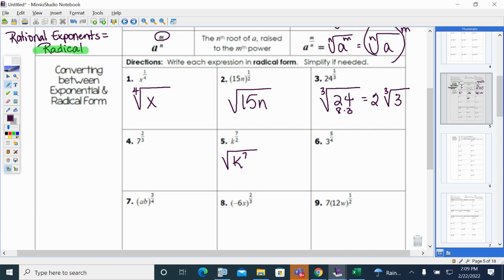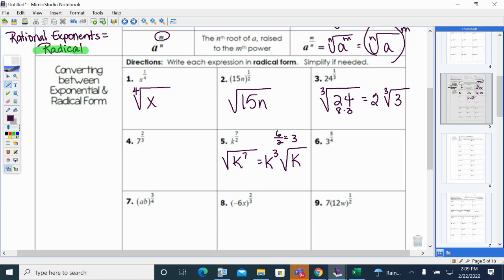Well, 6 out of the 7 can divide evenly by 2, and again, we divide by 2 because that is the understood index. So 6 of those divided by 2 gives me 3. So k cubed on the outside times the square root of k. You just had that one leftover k.